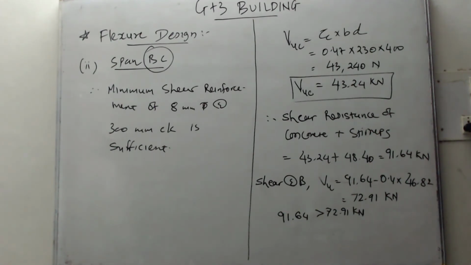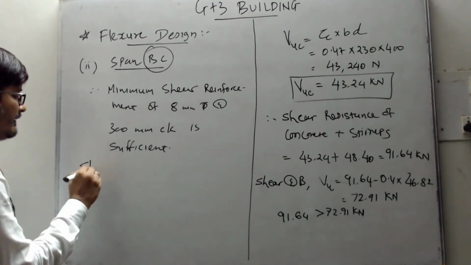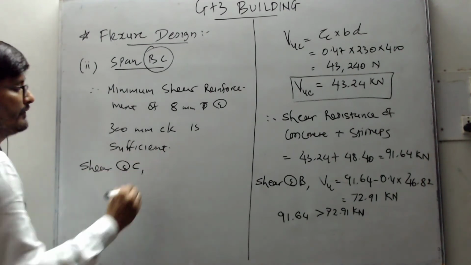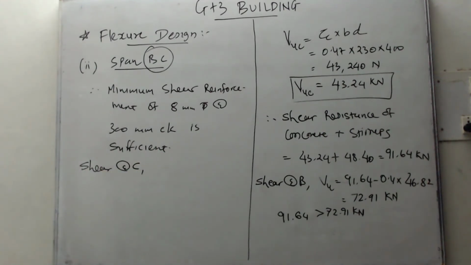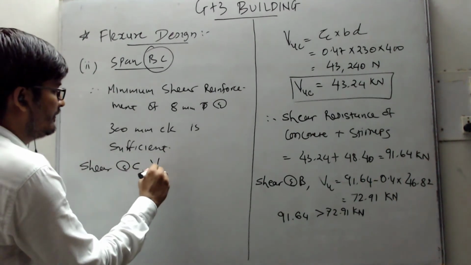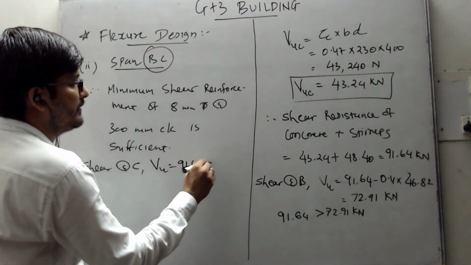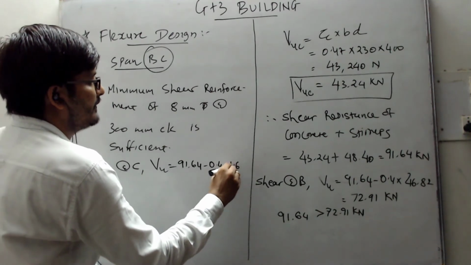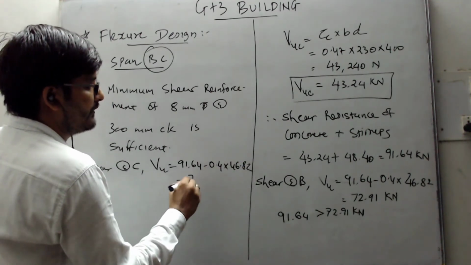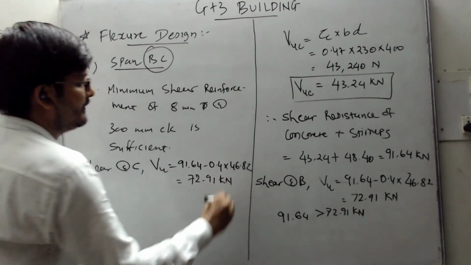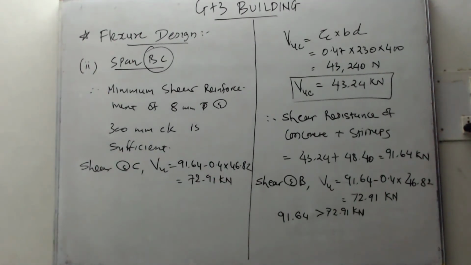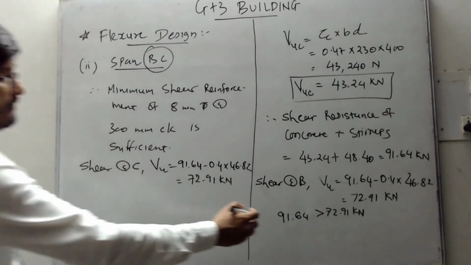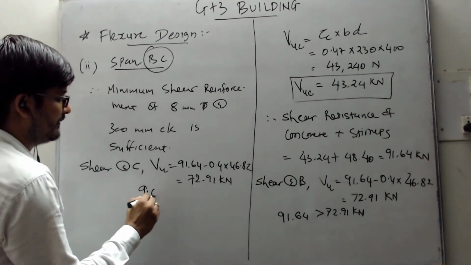In the same way we need to find out shear at C also. We have VU again, so the same value will be there. VU is equal to 91.64 minus 0.4 into 46.82, so 72.91 kilonewton. VU at point C also I am getting. Again the same condition: 91.64 is greater than 72.91.